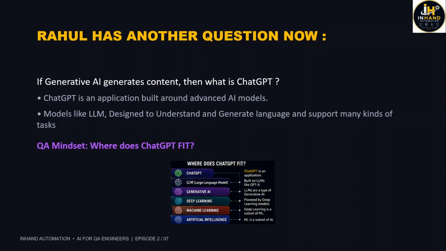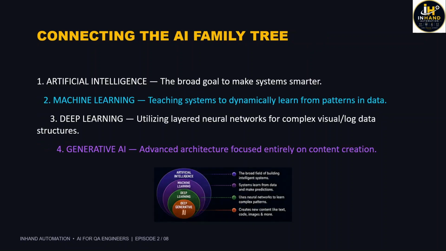Okay. So let's connect all of this together and imagine a large umbrella. At the top, we have artificial intelligence, which is AI. Inside that, we have machine learning, which allows systems to learn from pattern data. We saw the three different types of learning there. Inside that, we have deep learning.